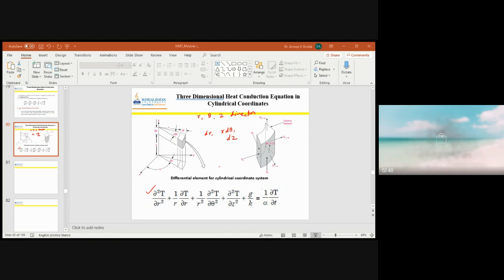So similar conditions we can impose on heat transfer in the cylindrical coordinate also, like steady state condition and heat generation or without heat generation.